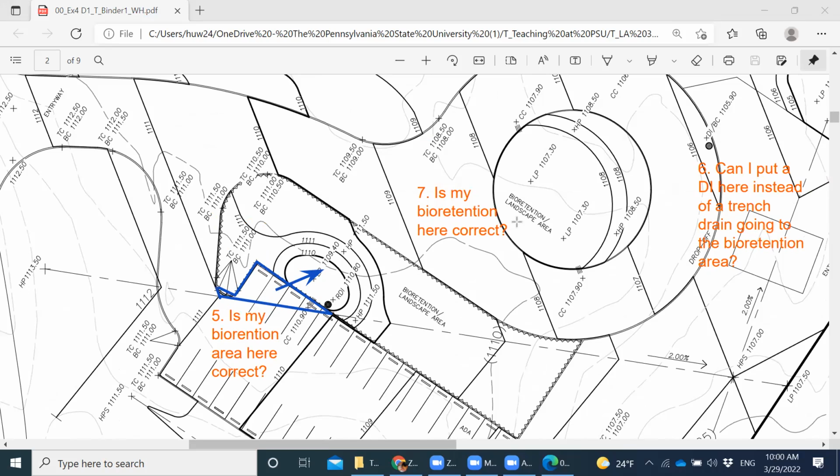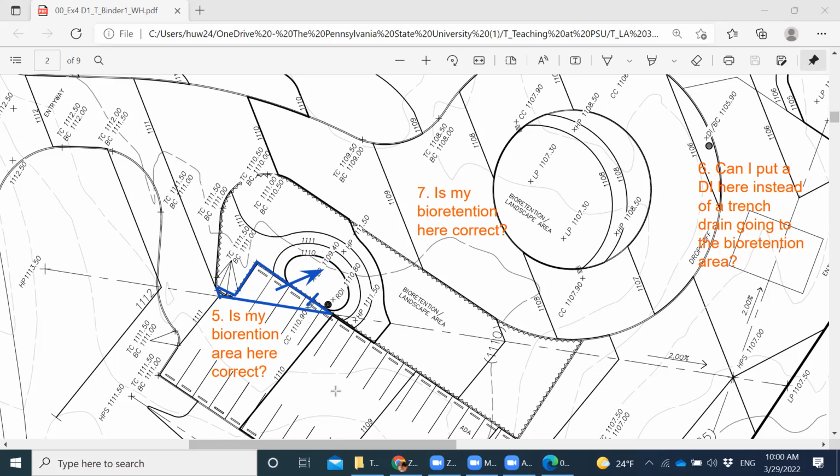Okay, let's see. You have a 1110.9. That curb cut again, the elevation needs to be calculated based on the distances. I'm going to say this is about 1110.7. And based on that, you can adjust the numbers over here. But you only need a very small bioretention here because you don't have a big drainage area there.